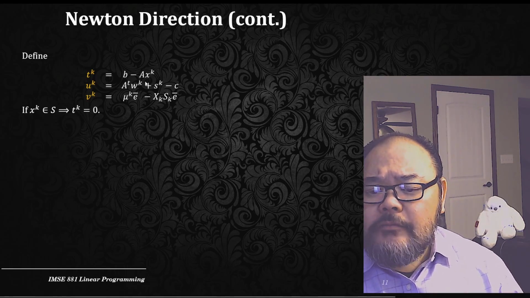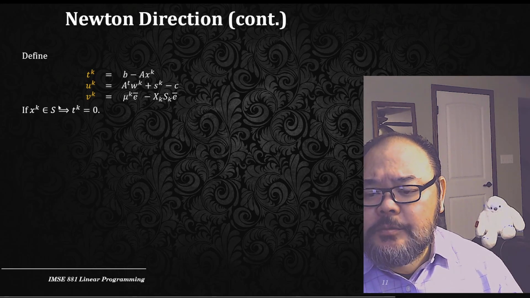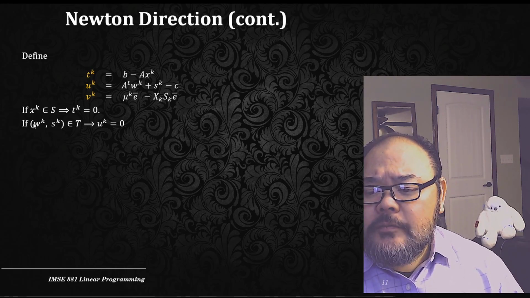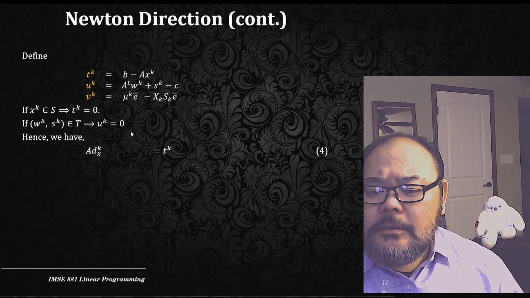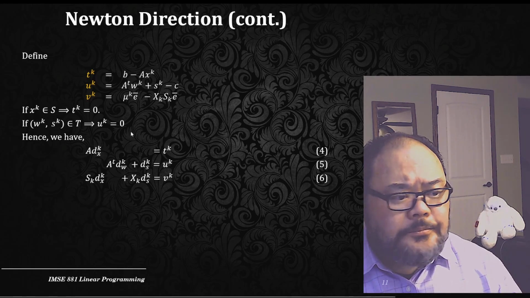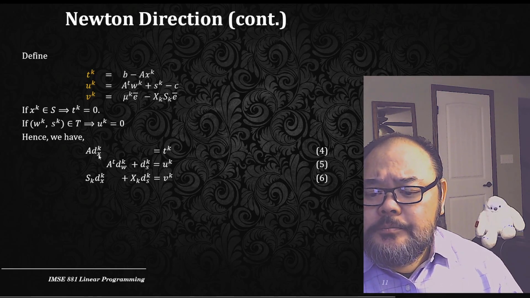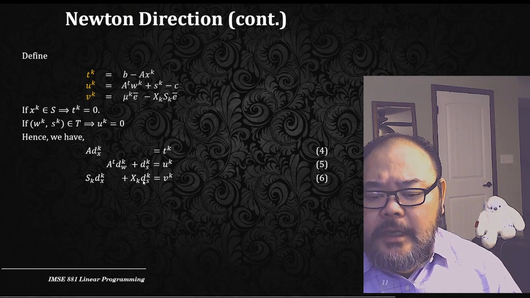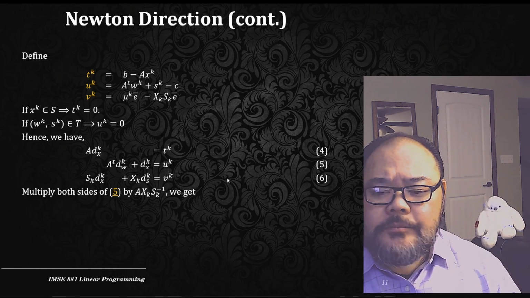As we know, if xk is feasible for the primal constraint, then tk equals 0. If omega and s are dual feasible, then uk equals 0. As we have the following: A times dxk equals tk, A transpose times d omega k plus dsk equals uk, and Sk times dx plus Xk times dsk equals vk.